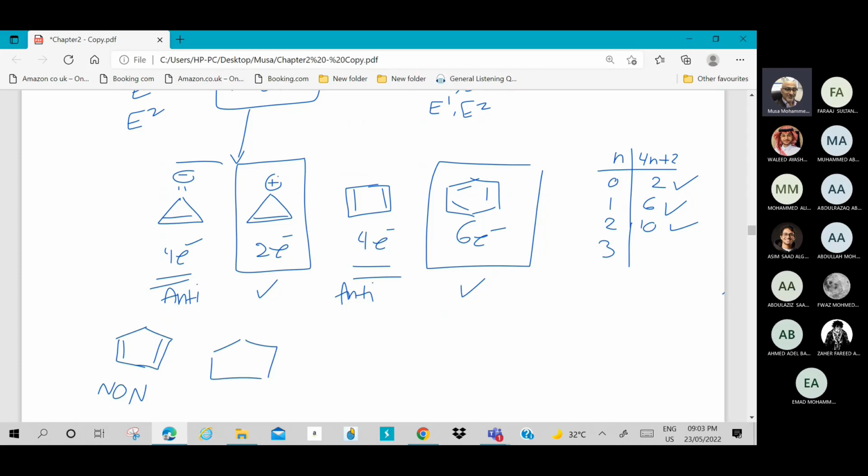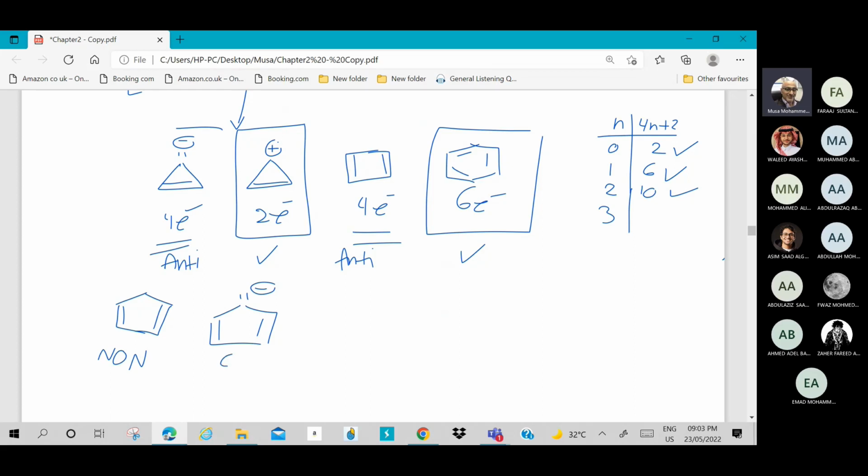Now if we move to this one, when we remove a proton and form this carbanion, this system now is 6 electron, conjugated, planar, and this is an aromatic system. If you have the positive charge, then this system is anti-aromatic. Okay, so chapter 15 is a quick chapter and it's about classification.